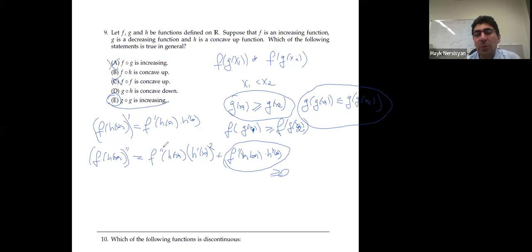F double prime could be positive, could be negative. So for F composition with H, the same with G composition with H, there's not enough information given. None of these will be true, so it remains just E.